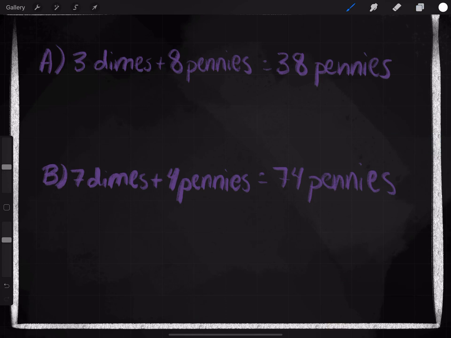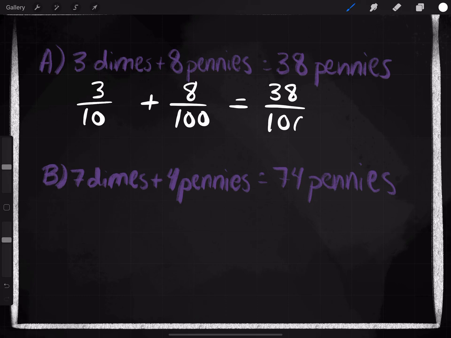And hopefully you have paused the video and tried this. So 3 dimes, I'm going to write as 3/10ths, because dimes are tenths, plus 8 pennies, I'm going to write 8 100ths, because pennies are 100ths of a dollar, equals 38 pennies, 38 100ths. So 3/10ths plus 8 100ths equals 38 100ths.